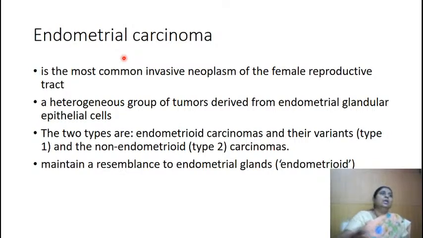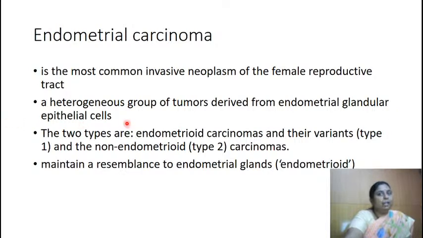That is because these tumors are a heterogeneous group of tumors. When you look at the molecular pathology, that is which genes are affecting the causation of this endometrial carcinoma, we find that it is not a homogeneous group, but it is a heterogeneous group of tumors which are derived from the endometrial glandular epithelial cells.